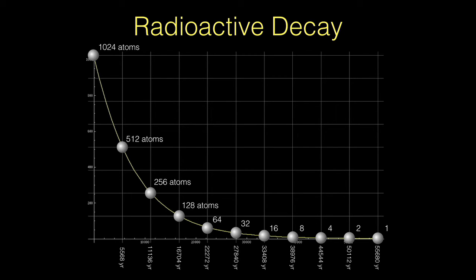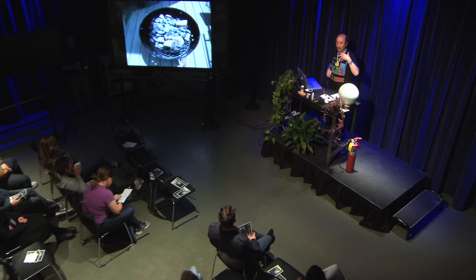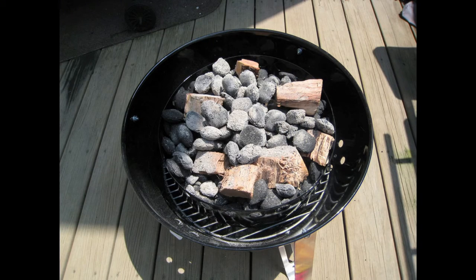So if you have your body in a casket, or you find an ancient site where they had a barbecue in their Weber, and the charcoal is still there, you could measure the amount of carbon-14 left. And this is how you would do it. You would measure the amount of carbon there. If you count up all the carbon, you can count up the number of atoms of carbon that there are in the barbecue.